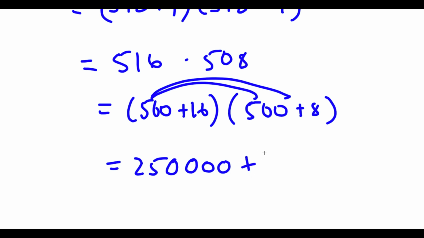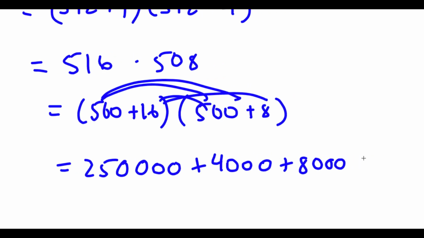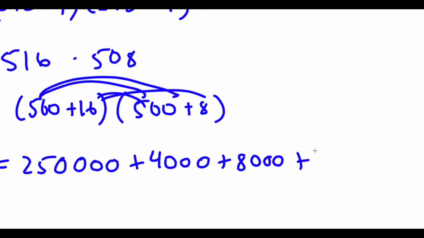And 500 times 8 is 4,000. Now I distribute the 16. 16 times 500, that's going to be 8,000. And 16 times 8, that is going to be 128.